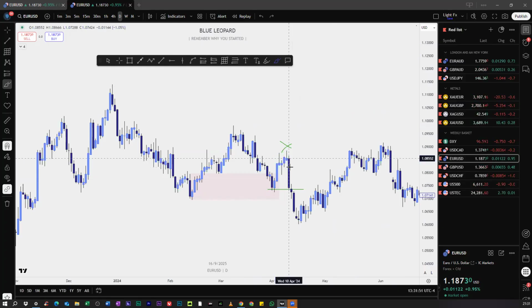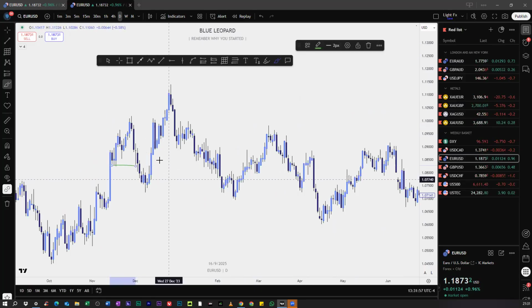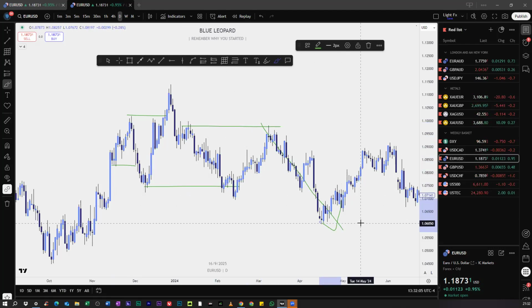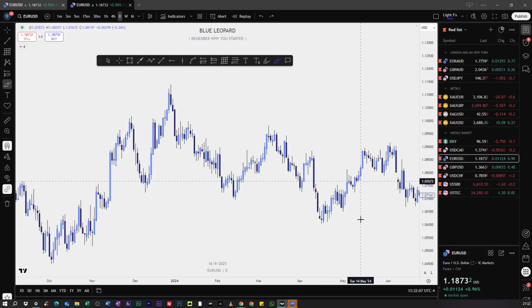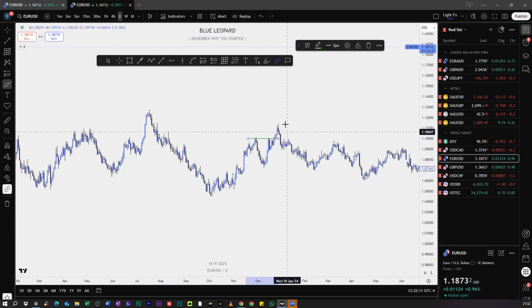That's okay. But as soon as you have a sweep that couldn't break structure, here it broke. That's why price came and continued lower. You have to find yourself inducements. Sweeps are inducements.